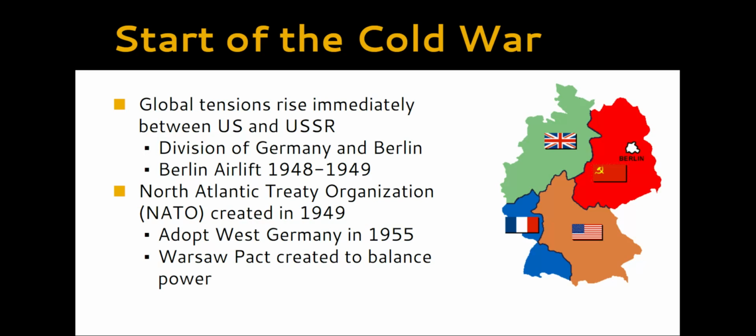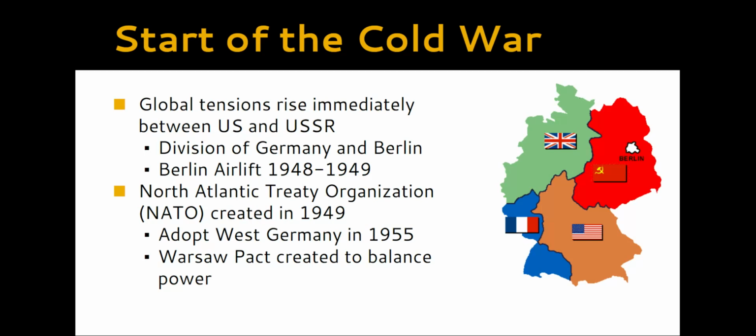1949 is like the official kind of breakup of the USSR and the Allies. They create the North Atlantic Treaty Organization in 1949, and we call it NATO. And NATO will adopt the entirety of West Germany. So all those 3 sectors that aren't occupied by the USSR are going to be created into a new country called West Germany.